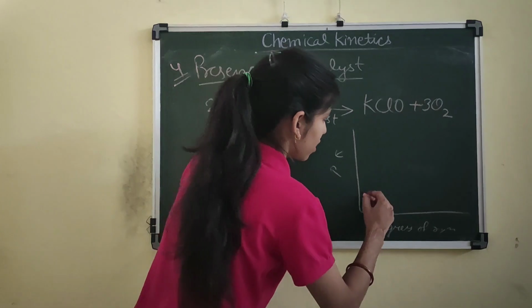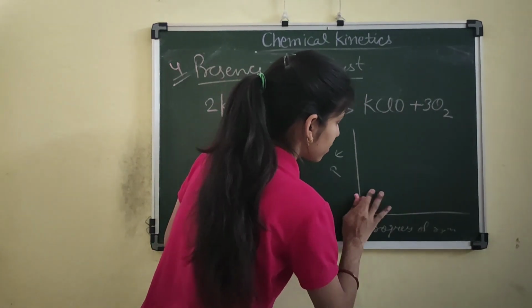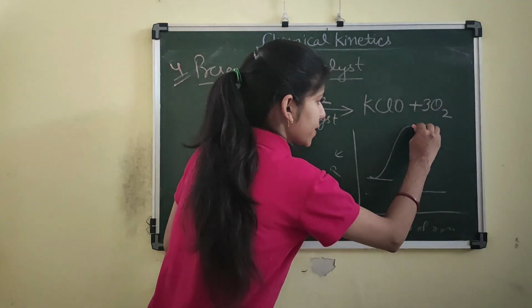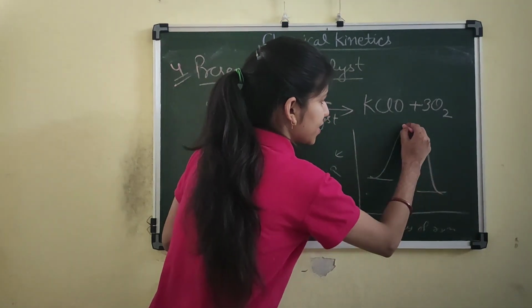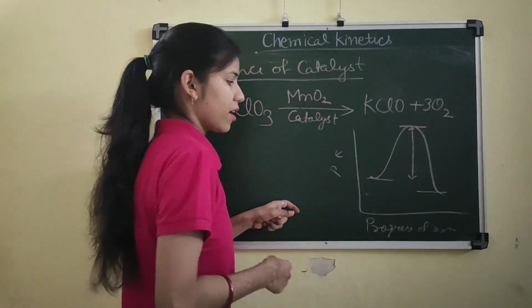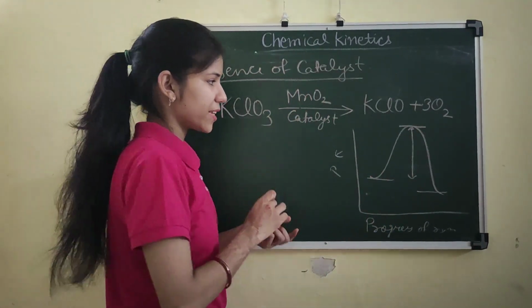Like that, there is progress of reaction and potential energy. The reactants are present, and this is the activation energy at the starting point when the catalyst is not present.